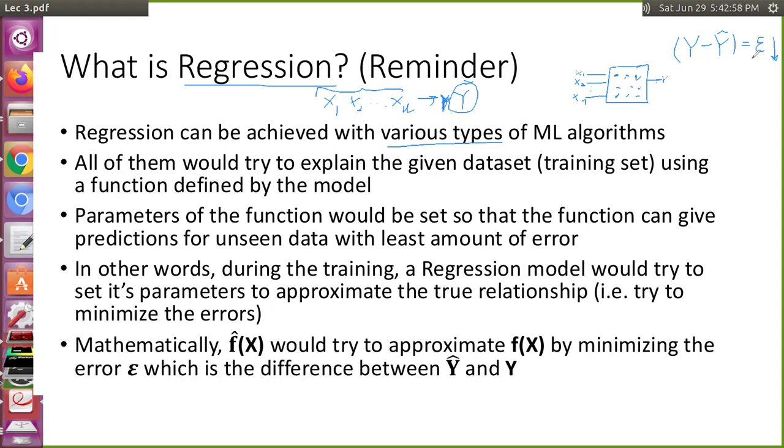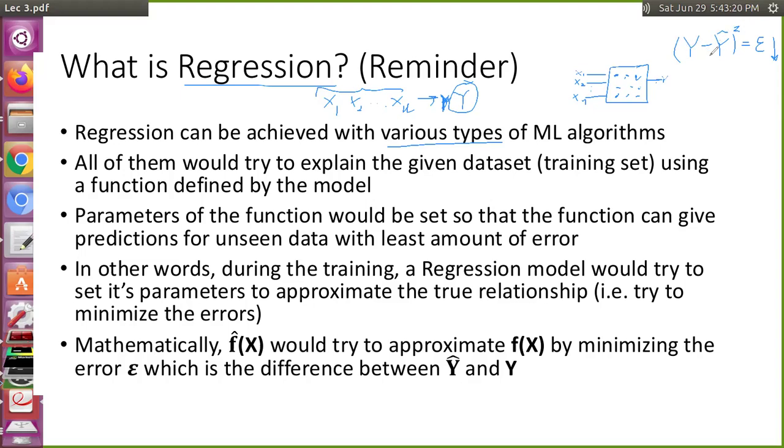So what we have to do is, either we can take the absolute value of these error values and take the average, which is known as the absolute mean error, or you can take the square of this error value. You take the difference and you take the square.